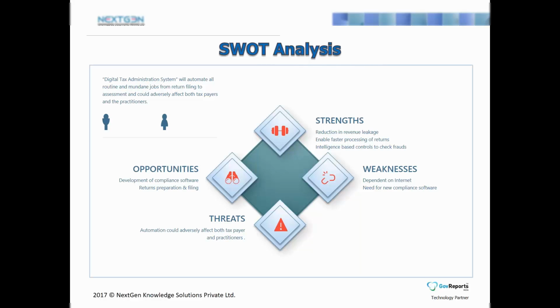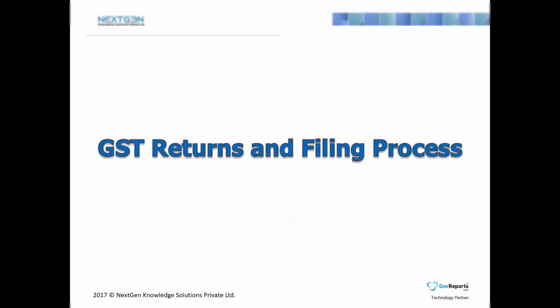And for practitioners, because most of the basic work will be done by the software, most of the basic GST rules will be incorporated in the compliance software by way of artificial intelligence. So basic consultancy work will be done by the software itself. That is how it is affecting the practitioners.